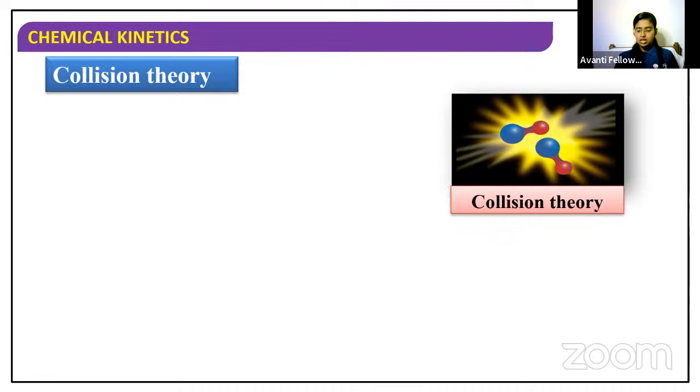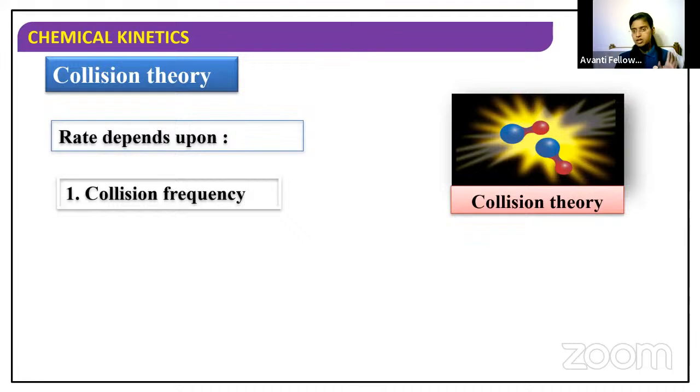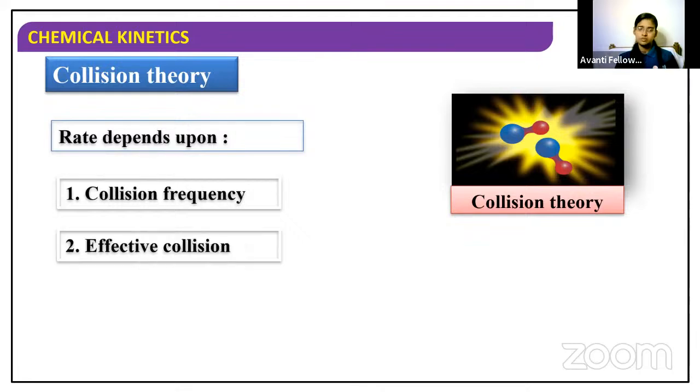Now we have to think of the factors which the rate depends on. The rate depends first of all on collision frequency, and also on the effective collision. So far we have been studying only collision frequency. The rate increases because of collision frequency, but only by 3%.